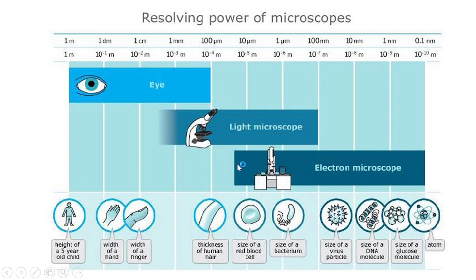Now from this image you can say that with our eyes we can see maximum up to 100 micrometer. Below that we need a microscope. So there are different microscopes, for example the light microscope where visible light is used, and then the most advanced ones are the electron microscopes.